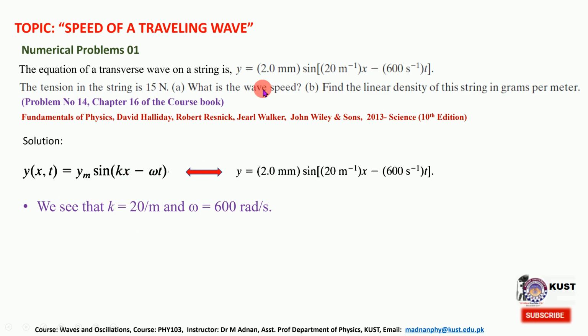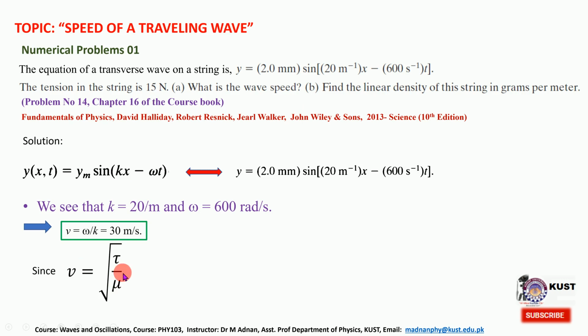Now first we need to find out the speed. We know that the speed is omega over k, and omega is 600 and k is 20, so that this v will be equal to 30 meter per second. Second, to find out mu, the mass density, where tension is given, we know that the speed is the square root of tau over mu.